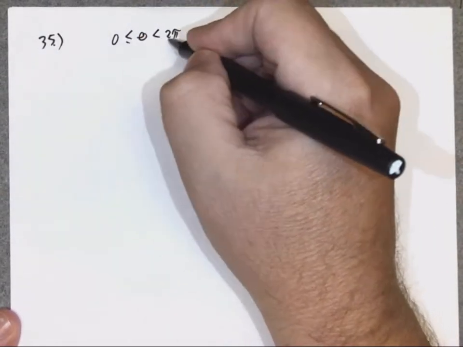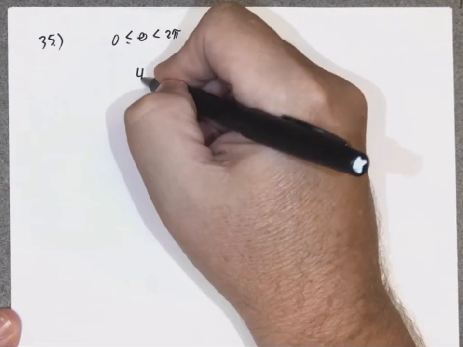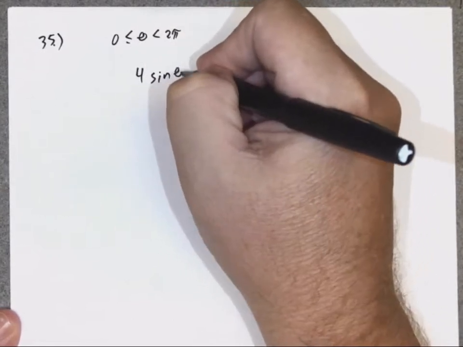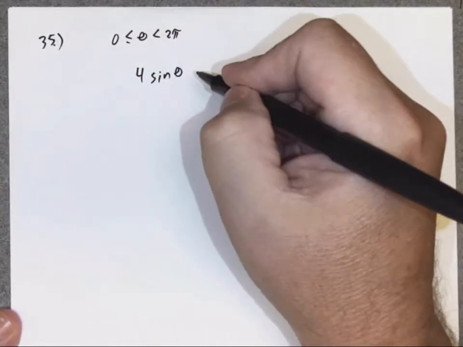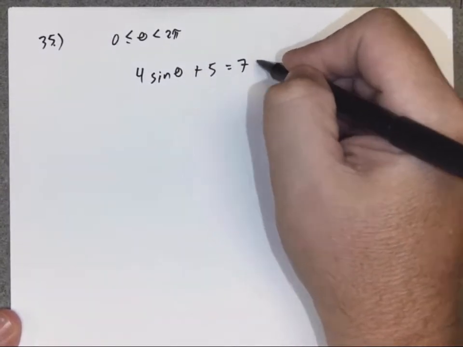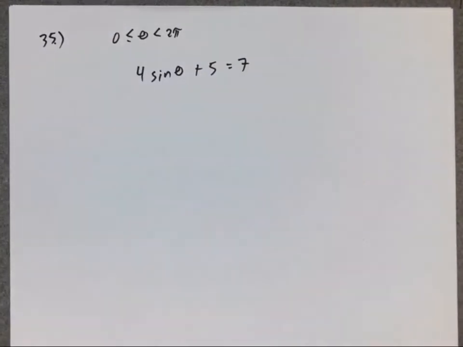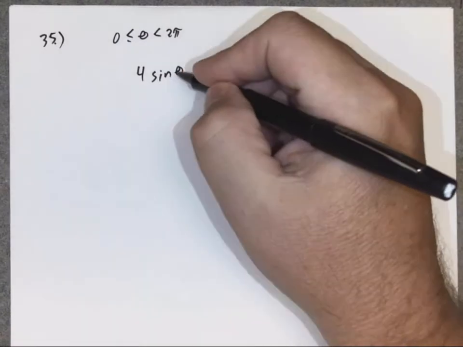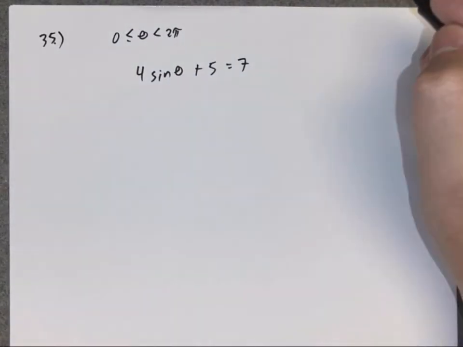We just have to worry about the ones between 0 and 2 pi. And here's the equation. And like I taught earlier when I went over this, it's really a two-step process. The first step is to get the trig function by itself on one side.